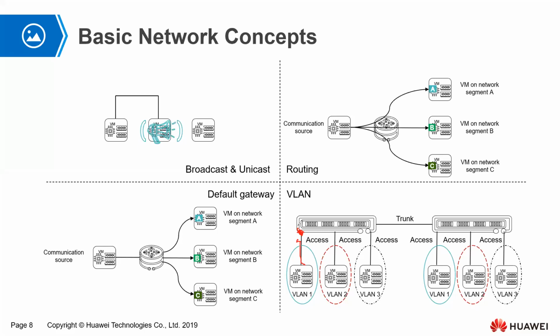So if the packet belongs to, let's say, VLAN 1 and its PVID is 1, then it will go ahead and receive the packet. Otherwise, if it is, let's say, 2 or 3 and it is not that of this interface, it will discard the packet.